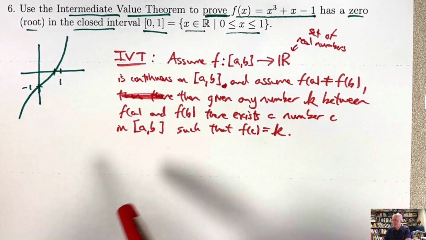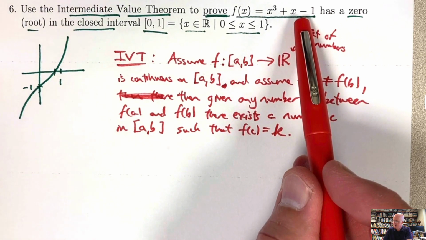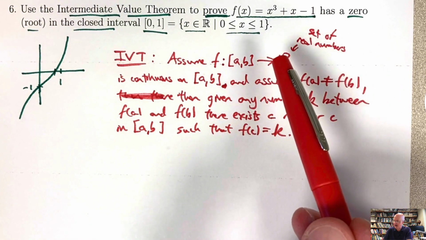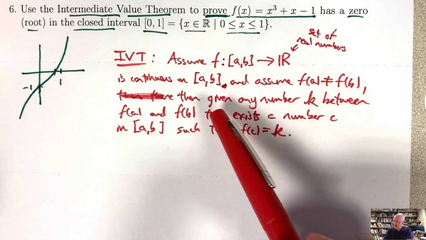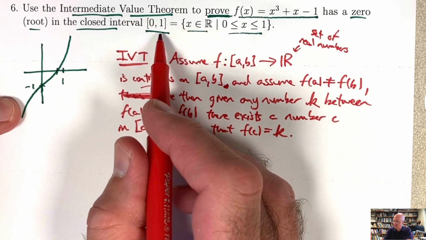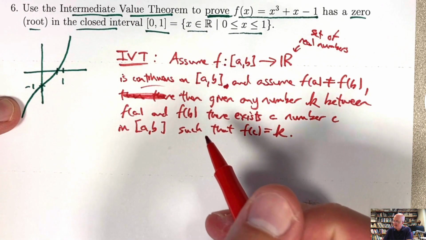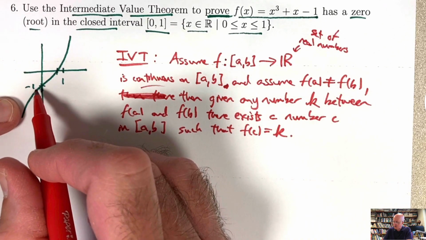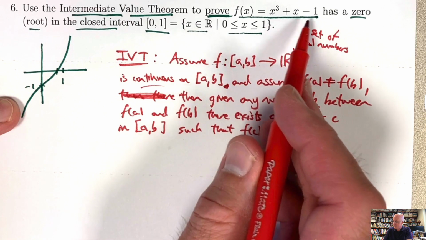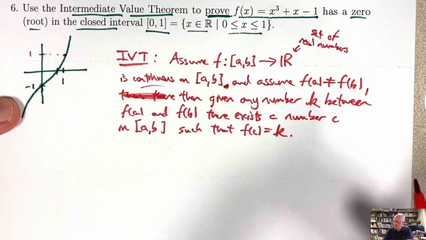Think about it in our example. There's our function. There's the formula that defines our function. That is a polynomial function. It is certainly continuous everywhere. The continuity assumption definitely is met, and in particular, it's certainly continuous on this closed interval here. The a would be 0, the b would be 1. F of 0 is -1. What's f of 1? Plug in 1, you get 1 plus 1 minus 1, which is positive 1. That's a point on the graph.